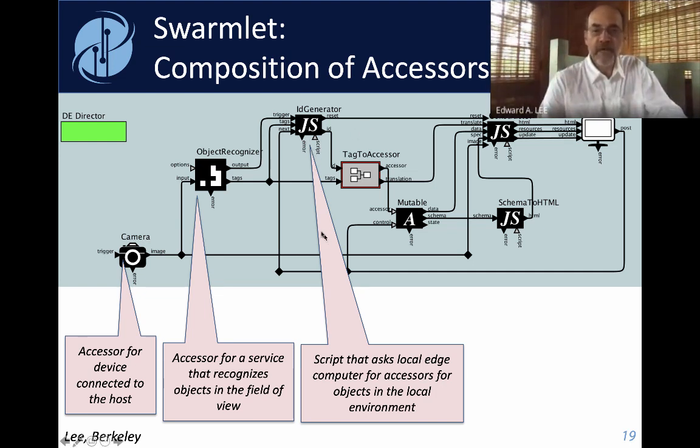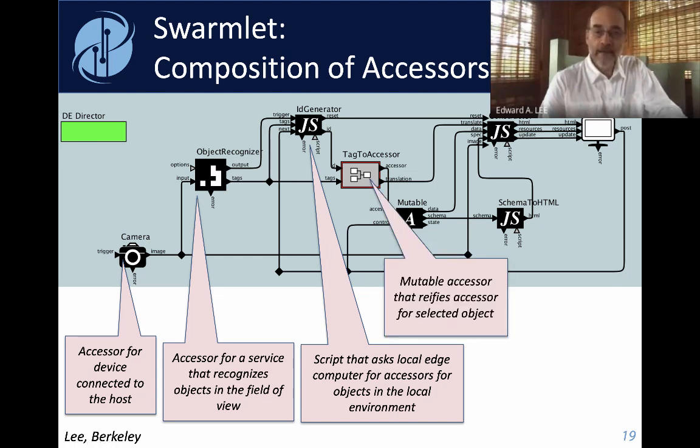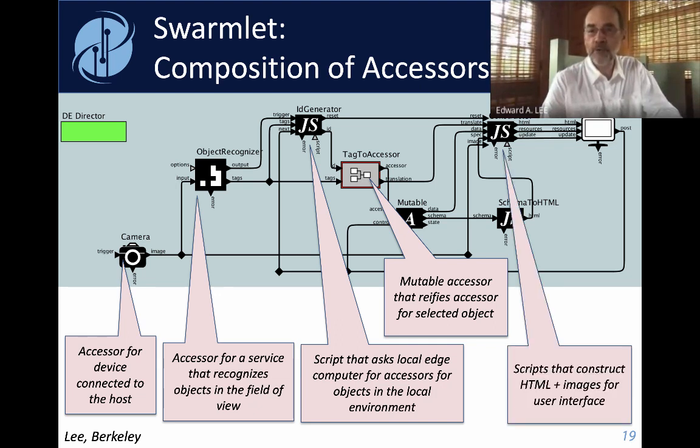This is a hierarchical model, so there's actually more components behind it, but it is the component that actually downloads from a web server the code that it's going to execute to build the user interface. And then there's another bit of custom JavaScript logic that actually builds the HTML code, which it feeds then to a reusable component that creates an interface in the browser.